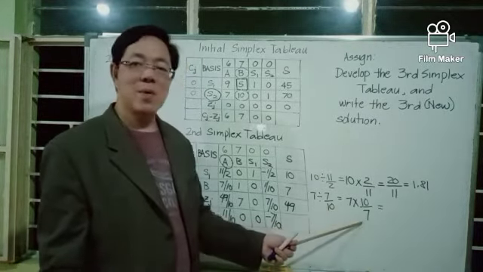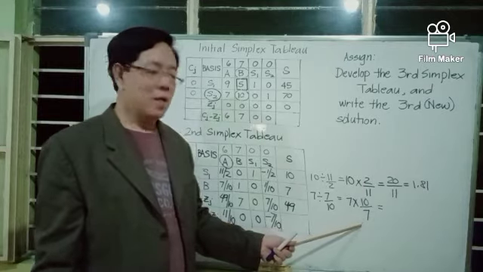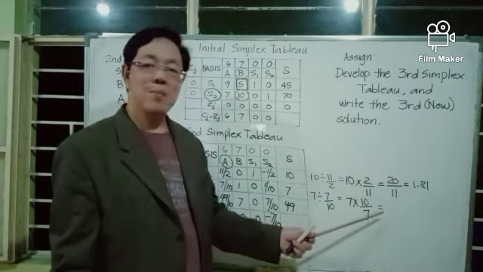And 7 over 7 will cancel out because it's equal to 1. And we get simply 10.